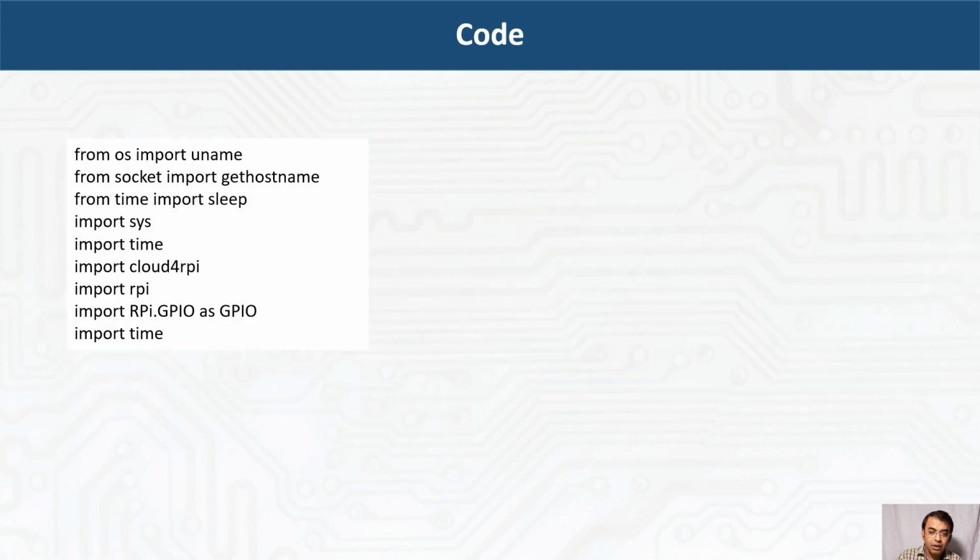So now the code. Guys, you can see there are a lot of imports like Cloud4Rpi, then RPi.GPIO as GPIO, then time, sleep, and many more. Just see.